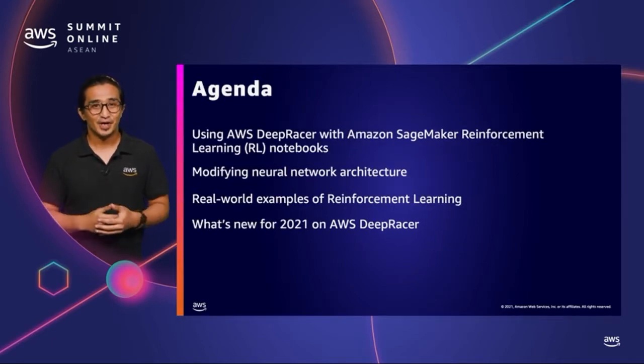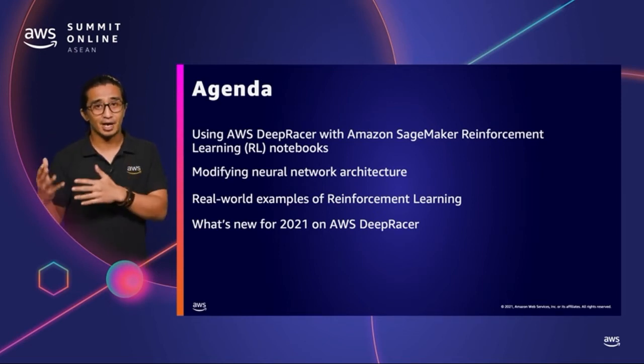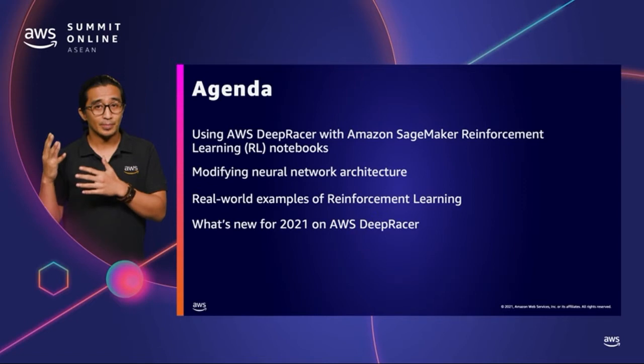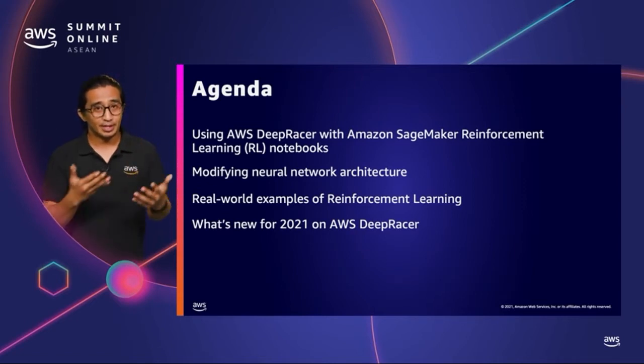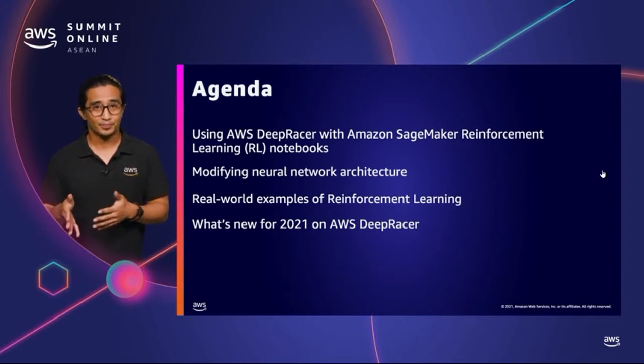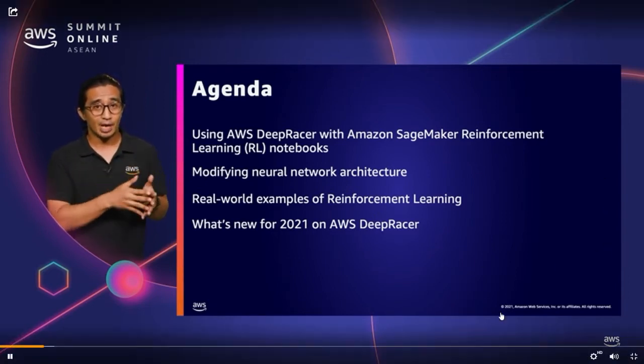Okay, moving on. What we will discuss in this session is we are going to use the AWS DeepRacer architecture and replicate it in an Amazon SageMaker Notebook. Then we're going to do a deep dive into one of the concepts in deep reinforcement learning. We're going to discuss the neural network architecture behind DeepRacer agents.